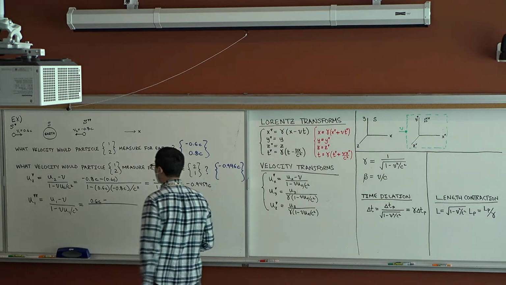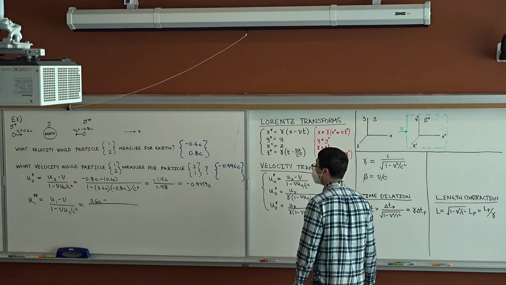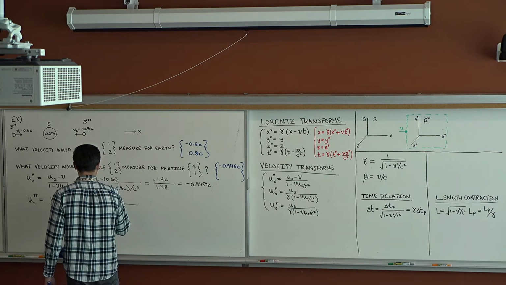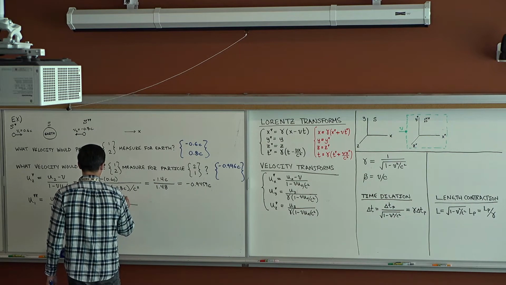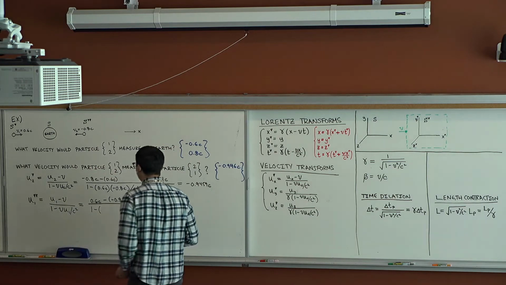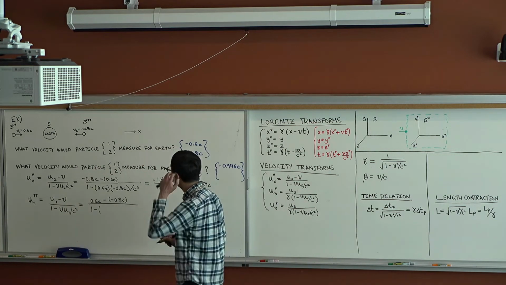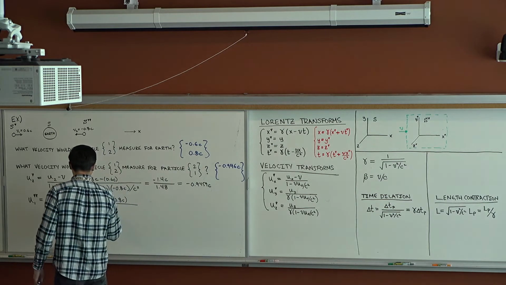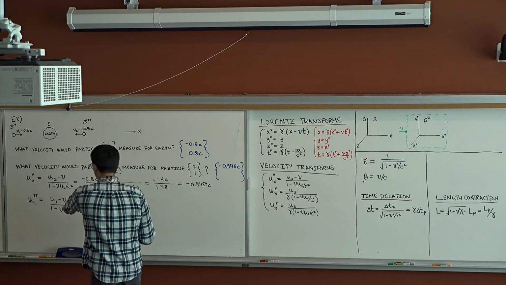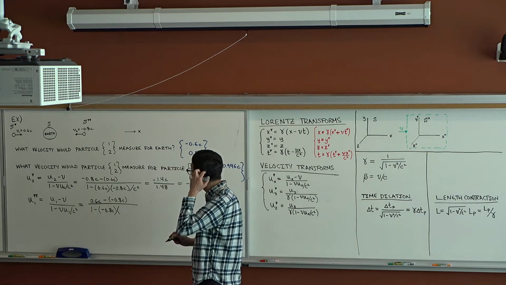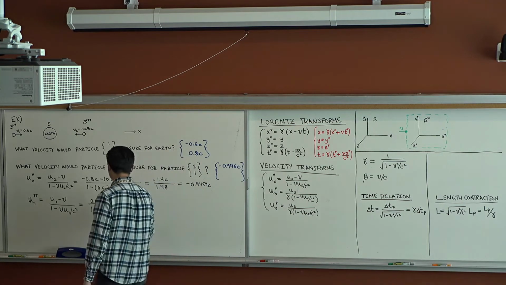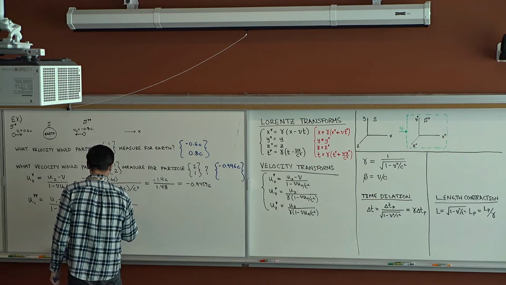What is v? Negative 0.8 c. Excellent. Really good job.